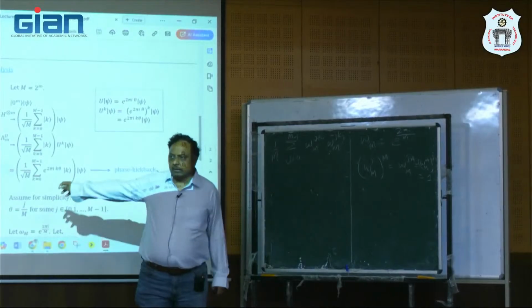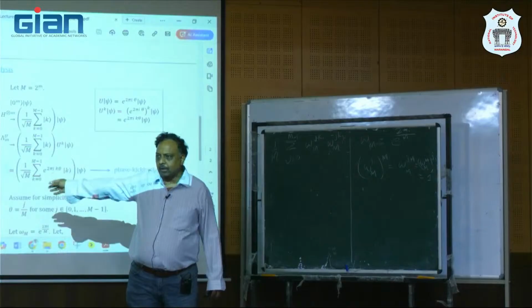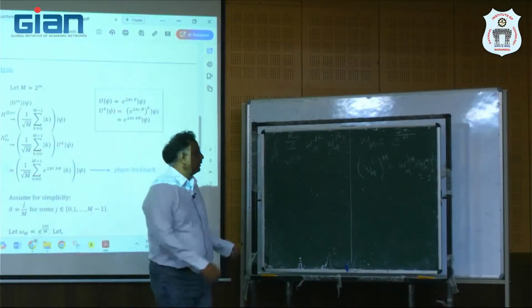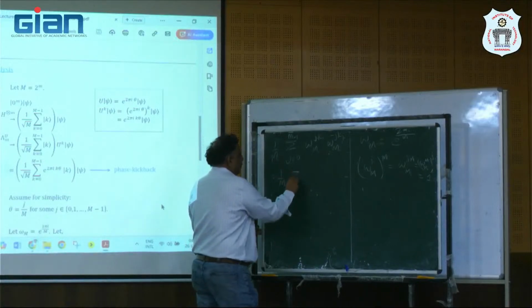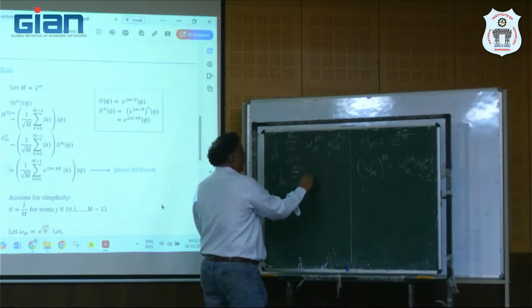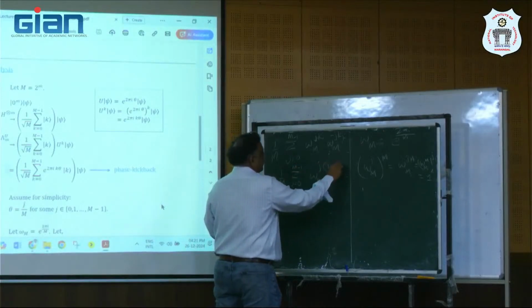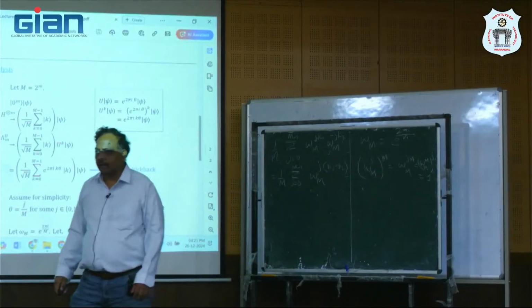You will get like that. One column will be k1, the other column will be k2, but we have to do the conjugate, so minus. This becomes summation over j, omega m j (k1 minus k2), correct? Agreed?